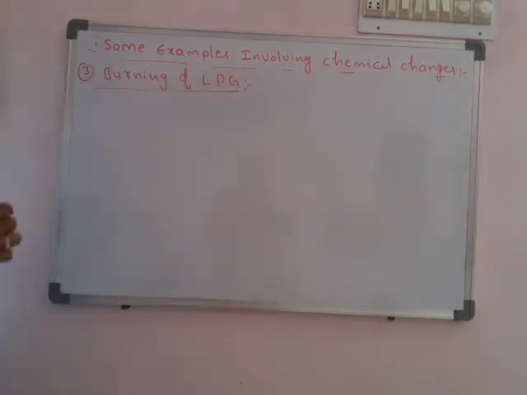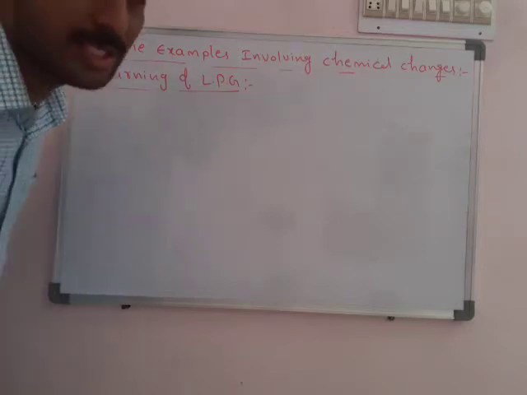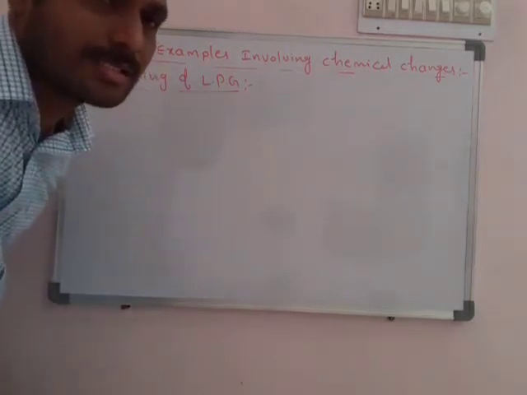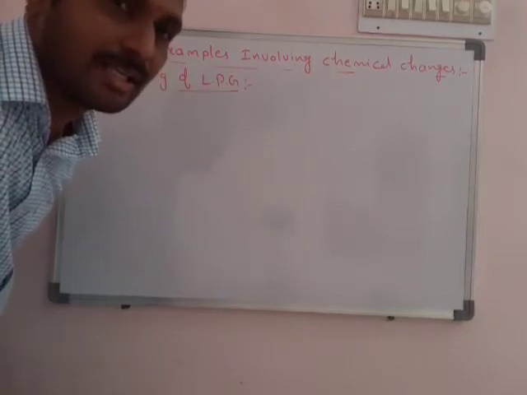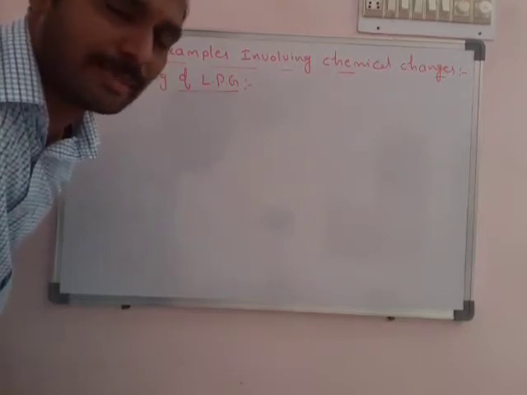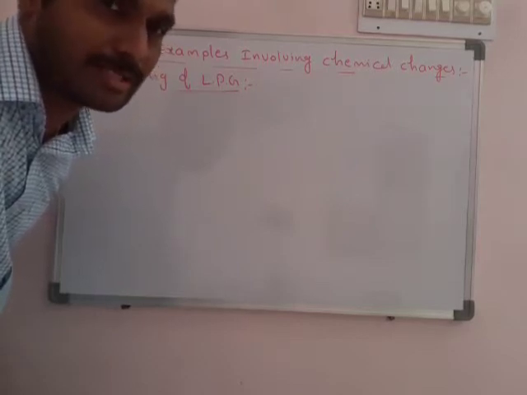You know about LPG, where we use it. LPG is a gas, the cooking gas. The cylinder we use in our kitchen has LPG gas. That is treated as liquefied petroleum gas.